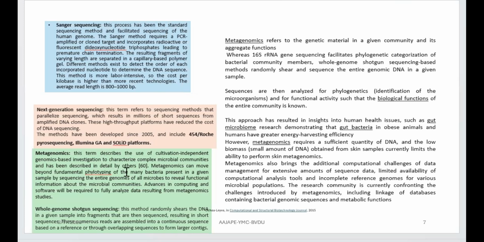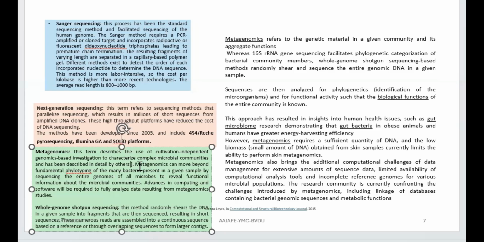This term describes the use of cultivation independent genomic based investigations. So unculturable bacteria, for example, where you are not going to have a pure isolate, but you are going for a natural sample, say a water sample or soil sample, and from that you proceed with metagenomics, that is fundamental phylotyping of the bacteria, and this is a cultivation independent method to begin with, right?